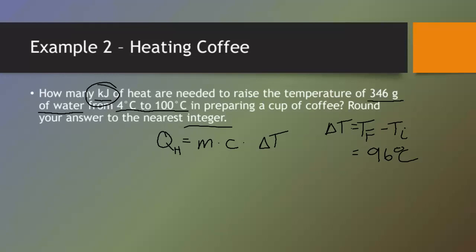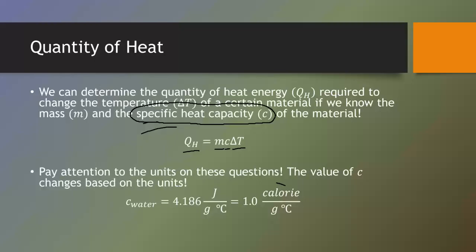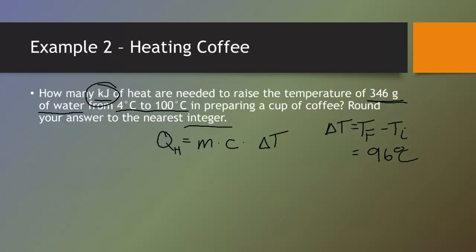The mass is 346 grams. Because we're going to use this value for C, the specific heat of water, and we have grams here, we're going to use the mass in grams. So 346 grams.